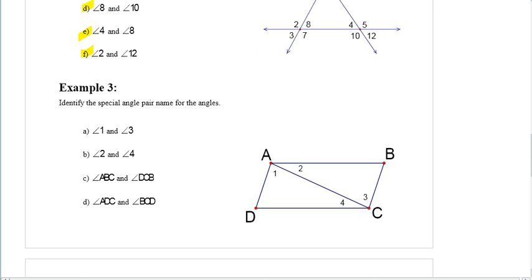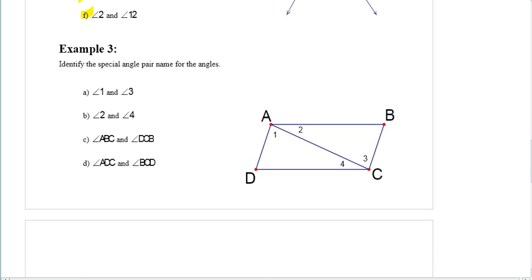Okay, one more thing to look at. I'm going to do one of these and then let you do the rest. Key with these, when we have a shape like this, is to extend everything. Okay, we want to identify all our special pairs, and you won't have to extend everything once you get used to it. But for now, go ahead and draw your lines like they're going off in every direction, and you're going to get what looks like now two lines cut by a transversal.